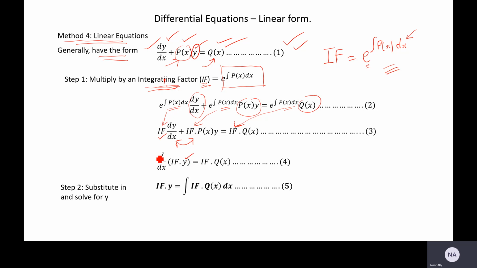In other words, if I find the derivative of the integrating factor times y, I will get this particular answer, where I leave the integrating factor, find dy/dx, plus, I leave the y and find the derivative of the integrating factor, by implicit differentiation. Now, in order to eliminate d/dx, I integrate both sides.